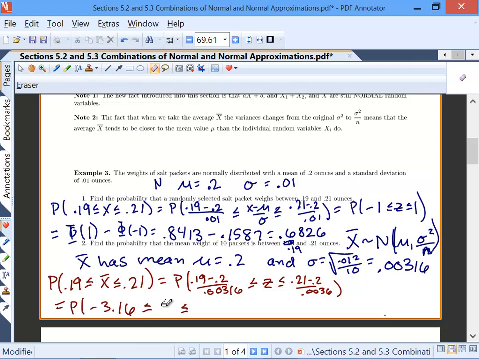That's the z-value because I've already standardized. And now we need to find both of those probabilities and subtract. So if I look at my 3.16, it's 0.9992, and if I look up negative 3.16, it's 0.0008.